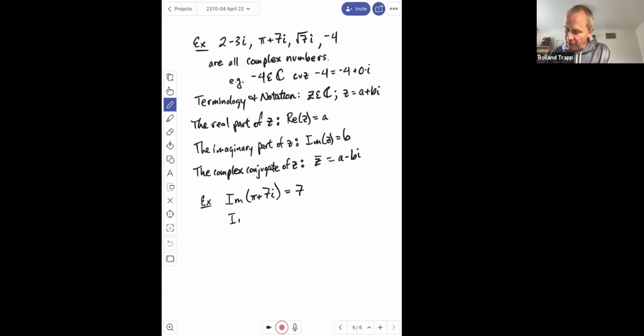The imaginary part of -4 is 0. If I take 2 minus 3i and I take its conjugate, that's just what I get if I change the sign of the imaginary part. So I turn it into 2 plus 3i instead. Okay.